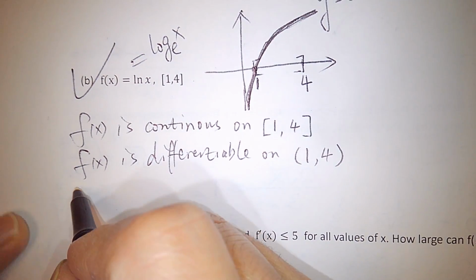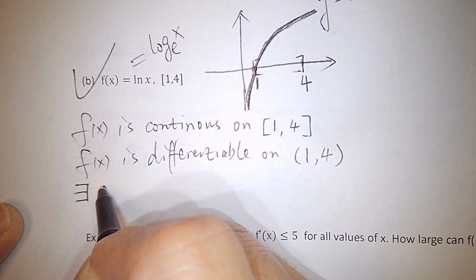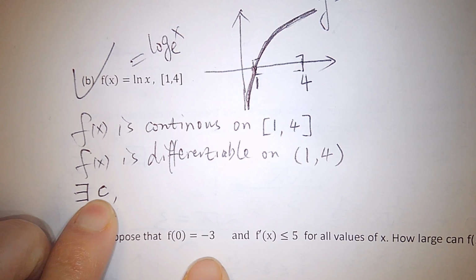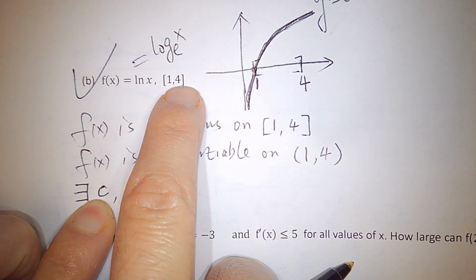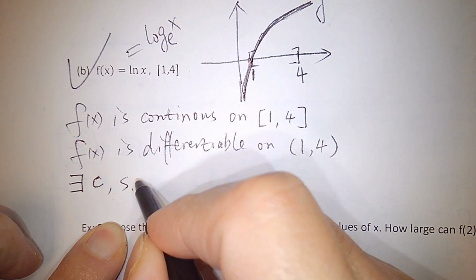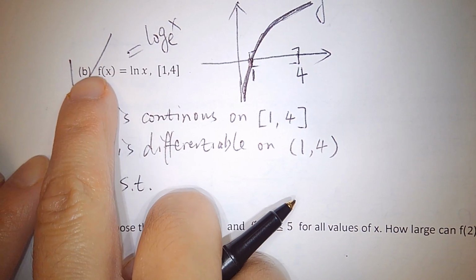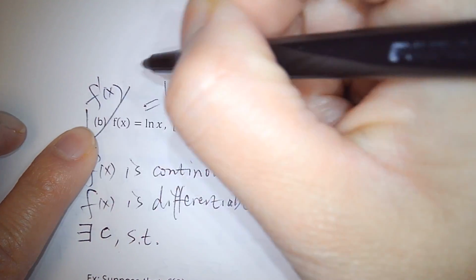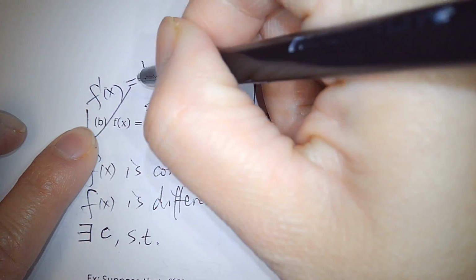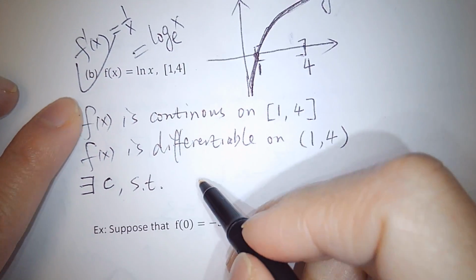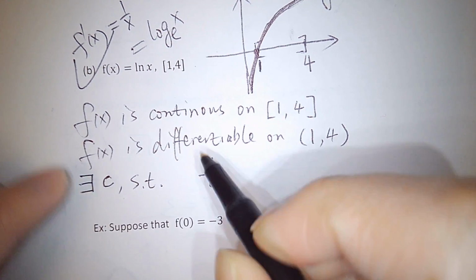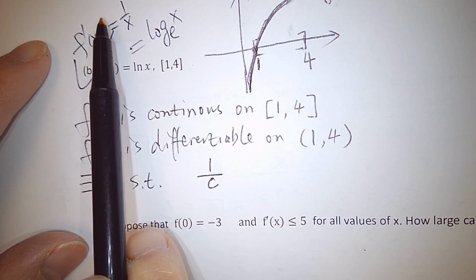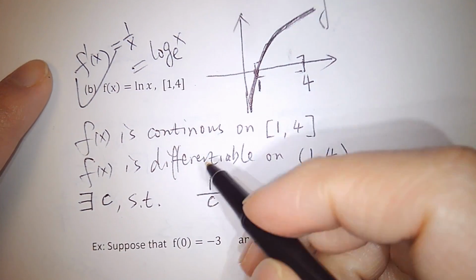So that means there exists this number c, which is between 1 and 4, such that what? The derivative of the function, what is the derivative of f? It is 1 over x, okay? So such that f prime of c equals 1 over c, right?